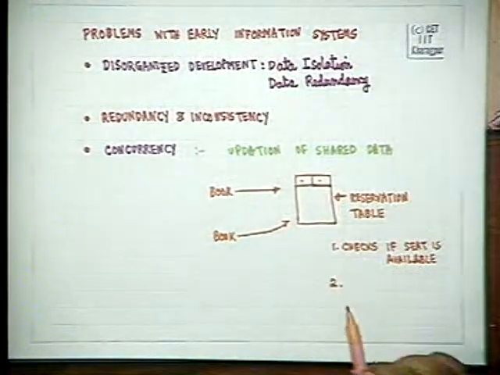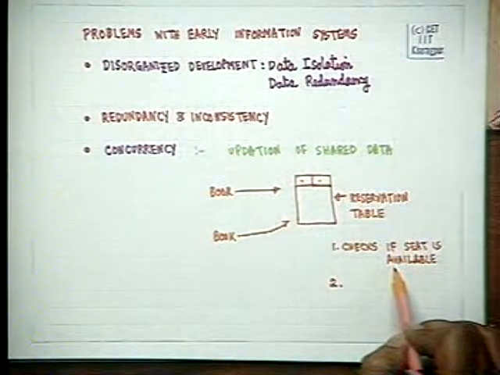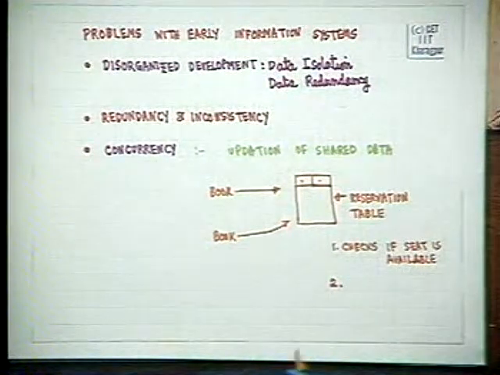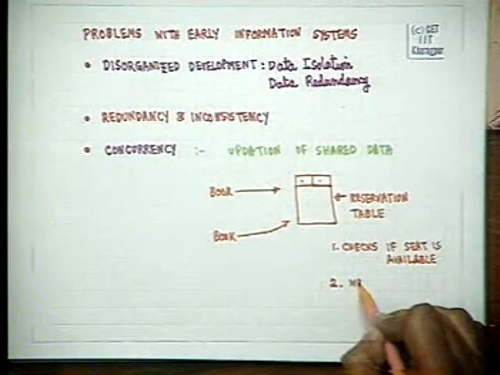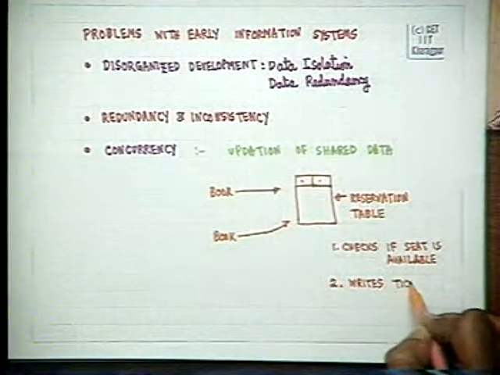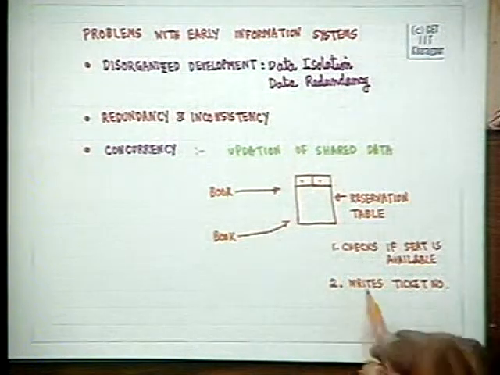Second, if it passes through this test that seats are available, then it goes down and writes into a particular seat position the ticket number for that particular seat.